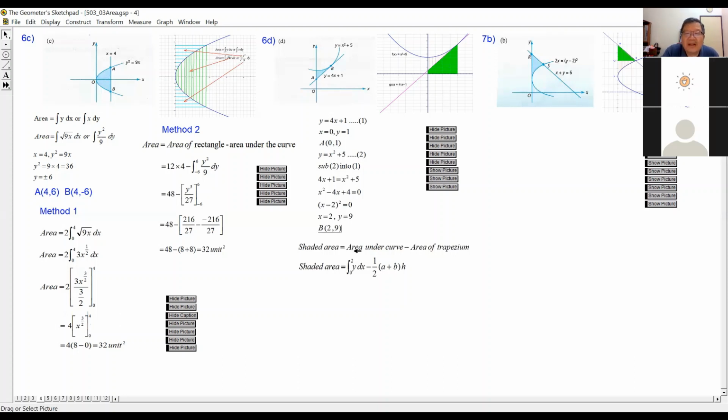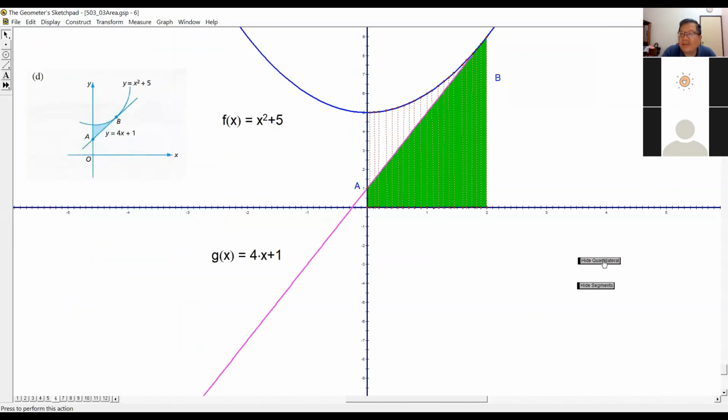Now the area under the curve, because it's between the curve and the x-axis, you integrate y dx, right? And the coordinate of B is 2, 9. So you integrate from 0 to 2, y dx. 0 to 2 y dx will give you the area. Which area?